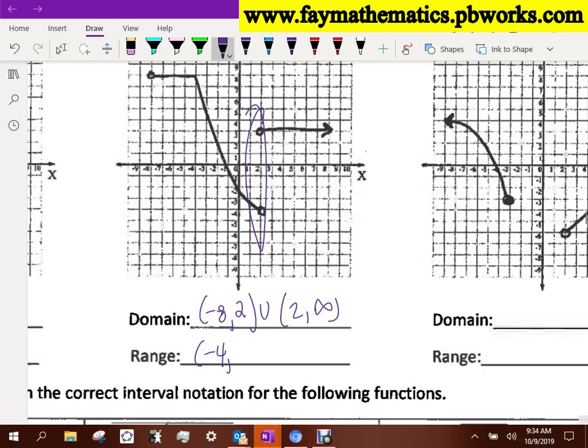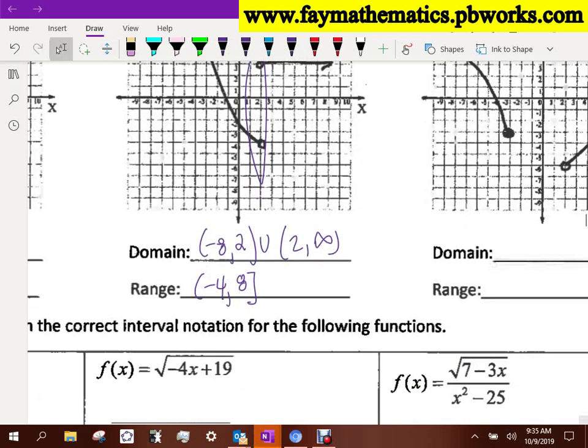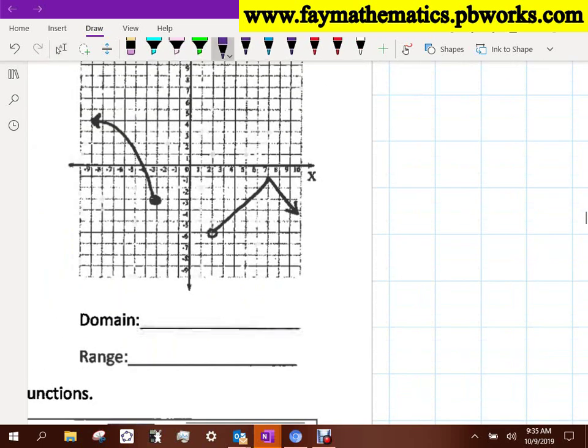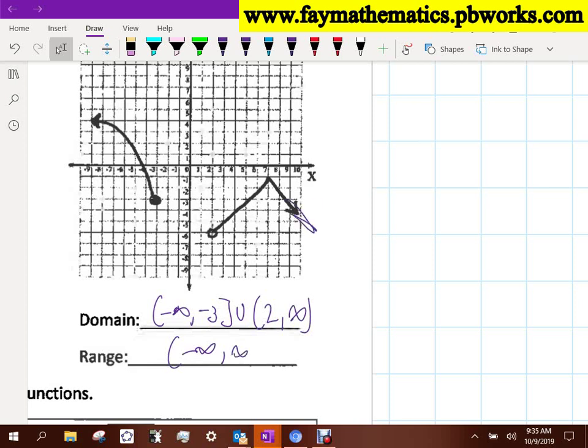Yeah, I messed up too. And the last one should be -infinity up to -3, and then we union 2 to infinity, and the range here, because of these arrows, is -infinity to infinity. I think everybody got that right. No, I got that.